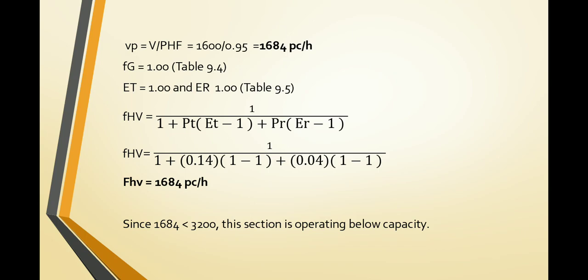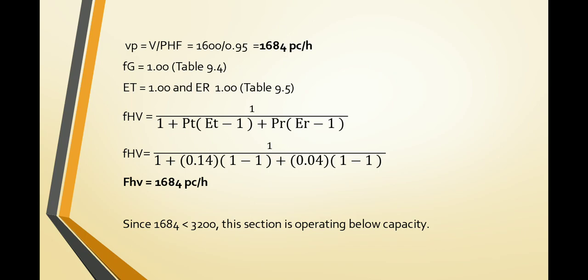So, using the formula, we substitute the values given. VP is 1,600 over 0.95, which equals 1,684 pc per hour. FG is 1, ET is 1, and ER is also 1.